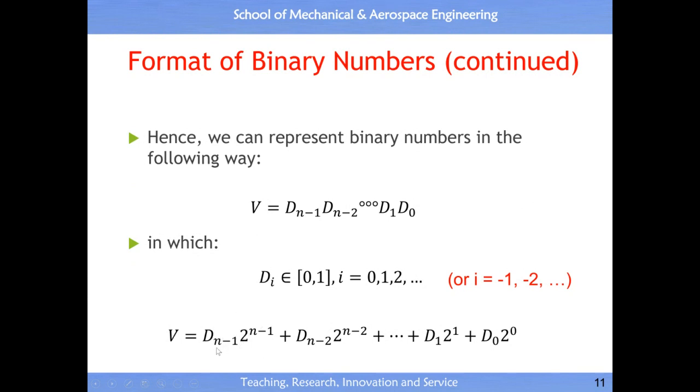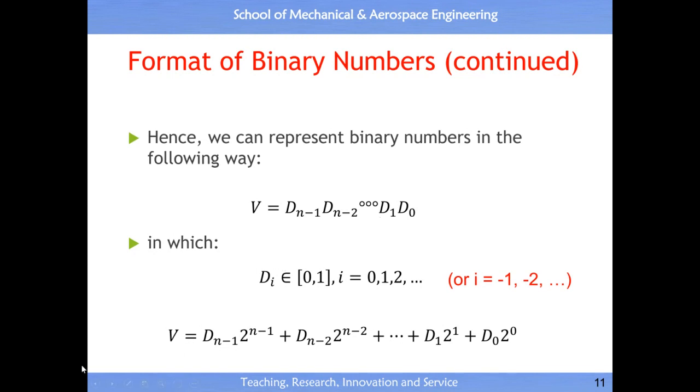So, for example, this digit is at position n minus 1. Then the value of the digit's position is equal to 2 raised to the power of n minus 1. Therefore, the value of the digit itself times the value of the digit's position gives you the value represented by this digit. Then we add them together, and we get the sum.